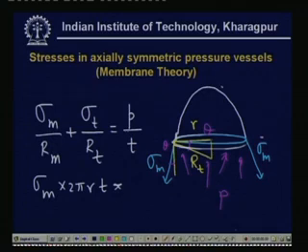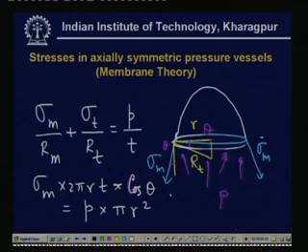So, we are calculating the vertical component of sigma m. So, this is cosine theta, and that will be equal to p times pi r square. So, what we get is this expression, that is sigma m.